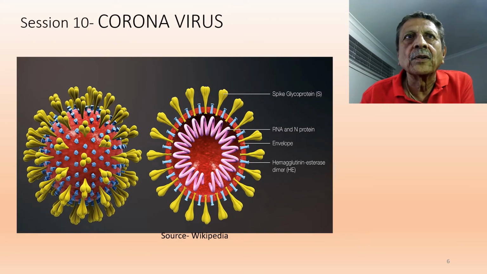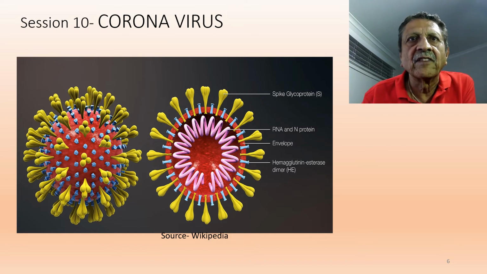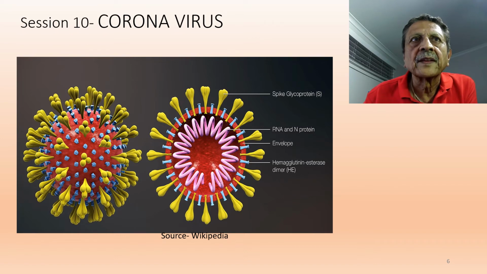We know that there is a big virus infection going throughout the world, and this infection is by the coronavirus, or COVID-19. Out of interest, I have taken a picture of the virus and its structure.